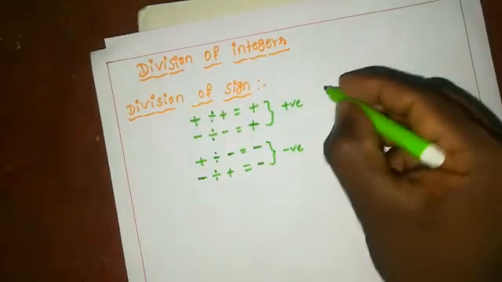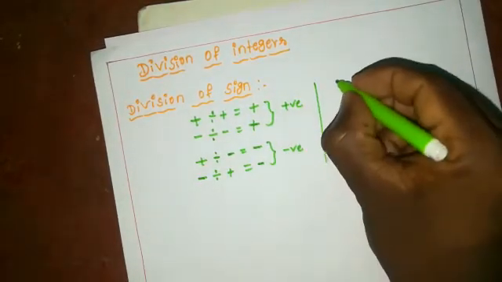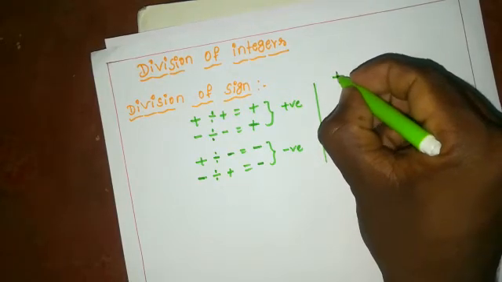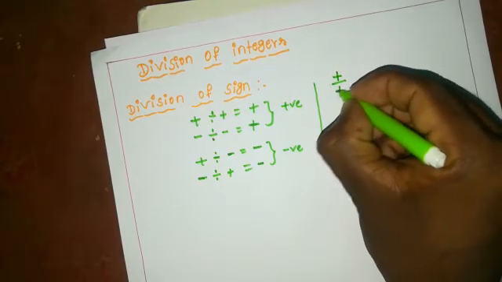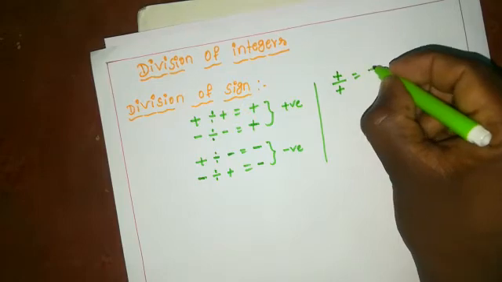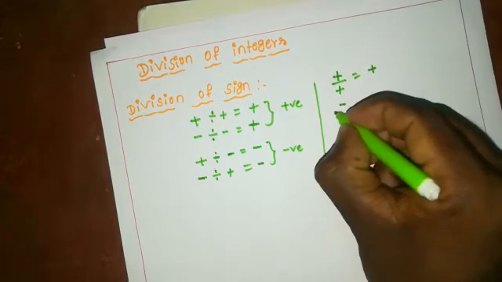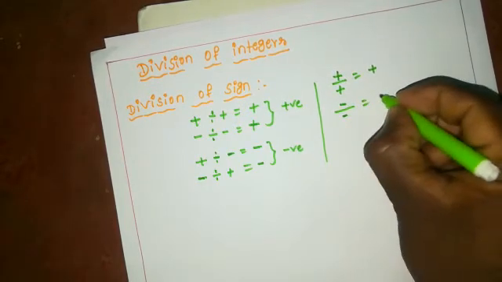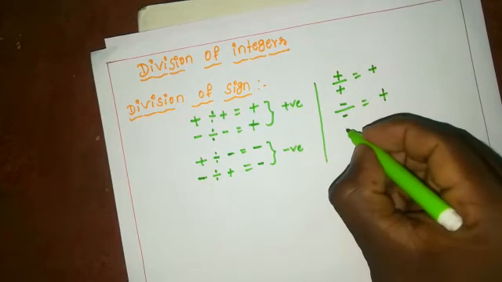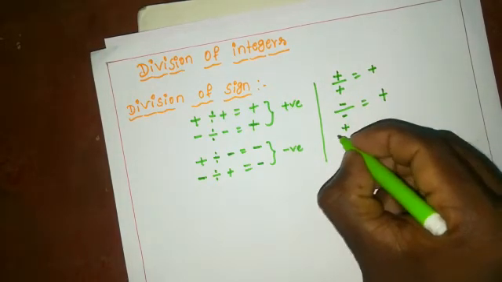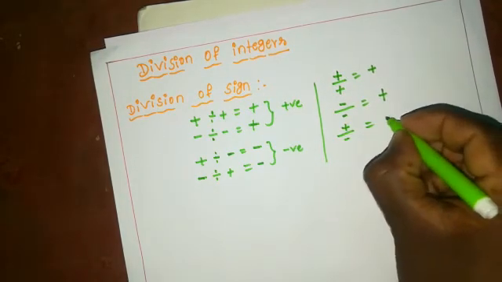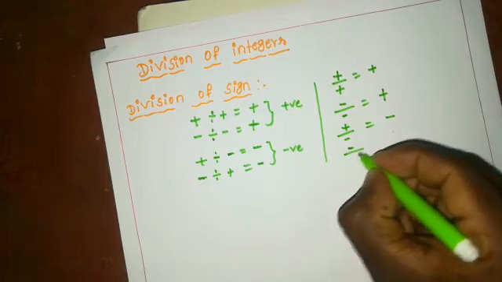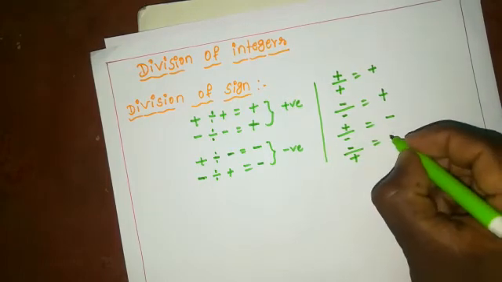We can write it as: plus divided by plus, always we get plus. Minus divided by minus, always we get plus. Plus divided by minus, always we get negative. Minus divided by plus, always we get negative.